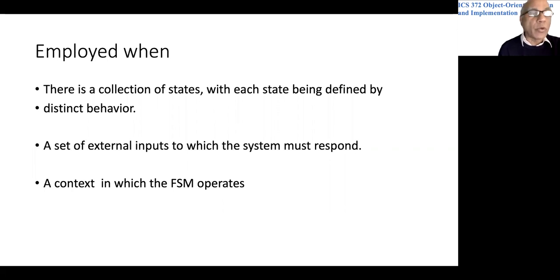For example, in the microwave, the states would, of course, be door closed, door open, or cooking, and they have something in common. The purpose being cooking, there is a time left to cook, there is a light, and so on. So there is a context. In those situations, we use the state pattern.